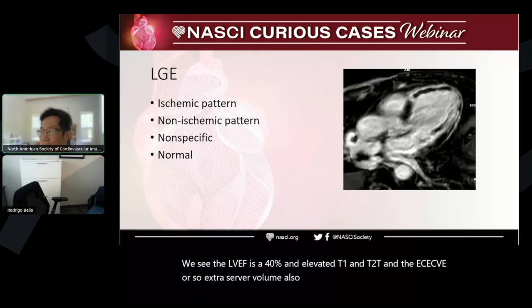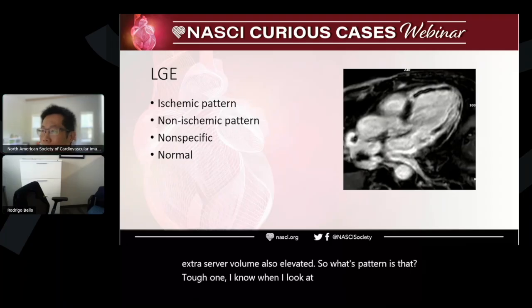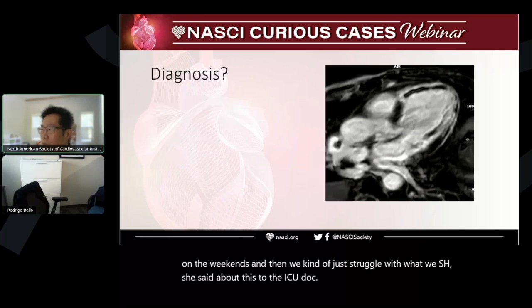So what pattern is that? Tough one, I know. When I look at that, this is a patient overnight on the weekend, and we kind of just struggled with what we should say about this to the ICU doc. Then what's the diagnosis?